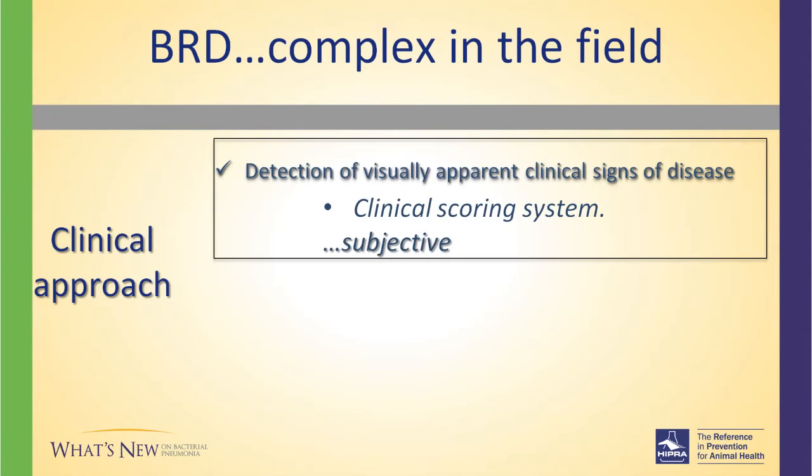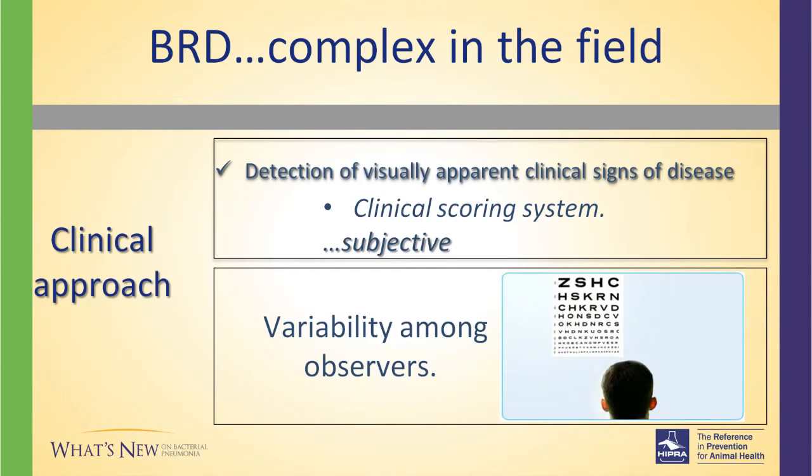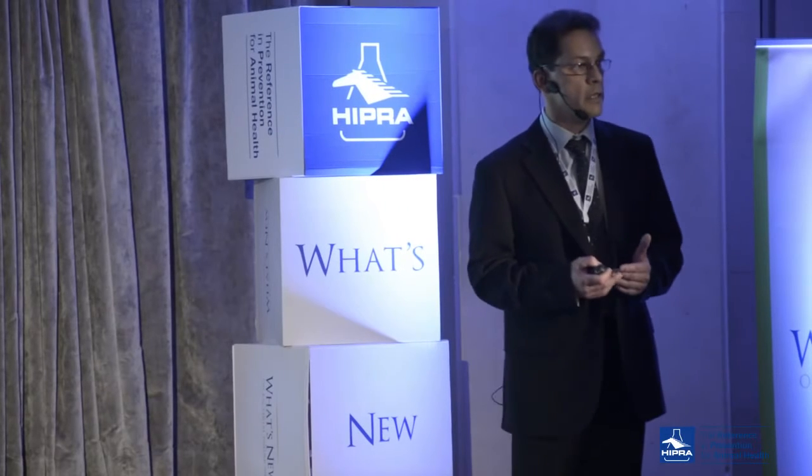There's always some subjectivity in the observation of clinical animals, unless it is supported by a well-designed clinical scoring system, and probably also with the support of statistics and informatics. And it is basically because there is variability among the different observers, and also variability in the presentation of the disease. The disease could be subclinical or could be severe, so you never know.